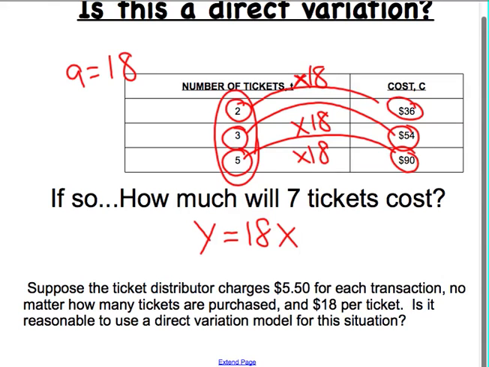This is the whole point of what we're going to be doing, especially next class, the ability to make predictions. So how much will 7 tickets cost? Simply 18 times 7, which is 126. Very good.